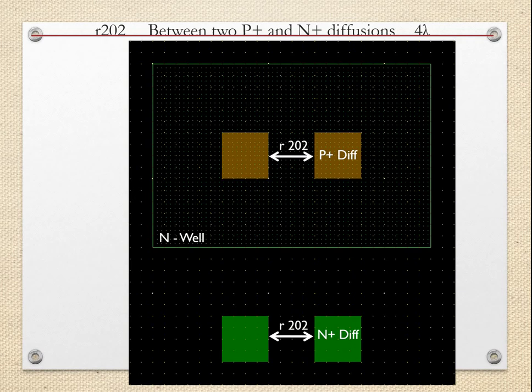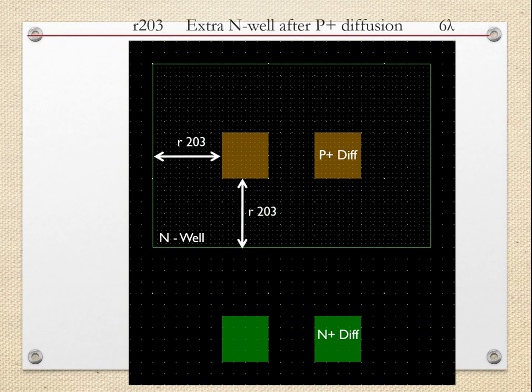The next rule is between two P plus and N plus diffusions there should be at least 4 lambda distance. Here you can see this is a rule number, that is R202. Then comes R203, extra N well after P plus diffusion, that should be 6 lambda.